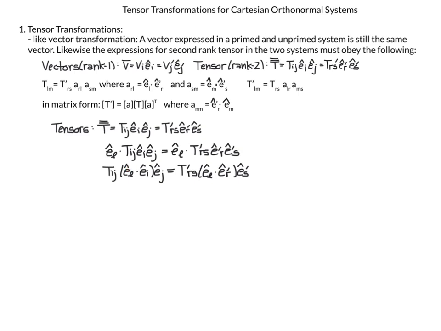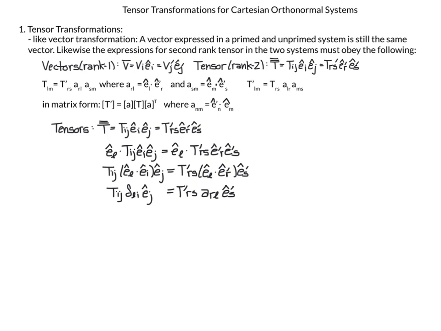So we'll have e sub l dot e sub i times e sub j, because we dotted it, so we can move the dot in here, times e sub j. Again, we can move the dot in here, dot it with e sub r, and then we multiply times e sub s prime, because this is a multiplication. When we dot these, remember these are basis vectors, so it's equal to 0 when l does not equal i, and equal to 1 when l equals i. So we can replace this with our Kronecker delta li.